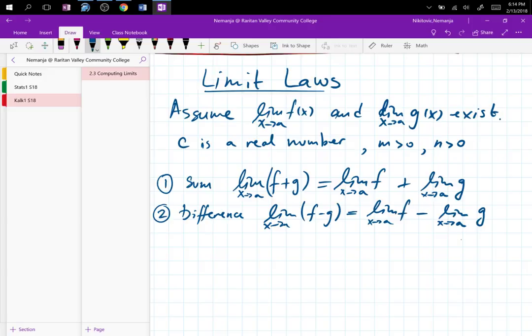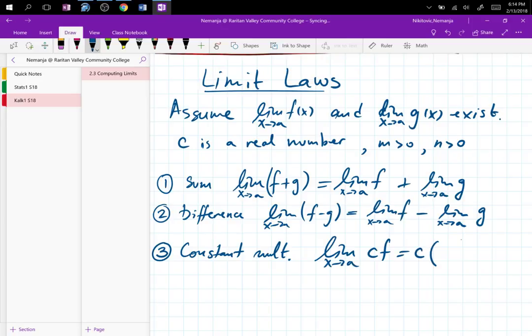And the third rule that belongs to this cluster is the constant multiple rule, which says that the limit of c f as x goes to a is c times the limit of f.